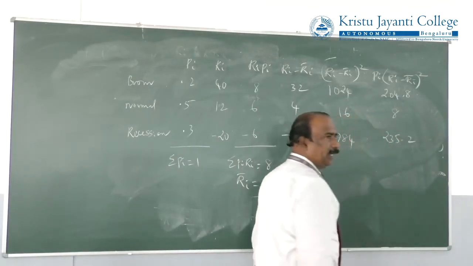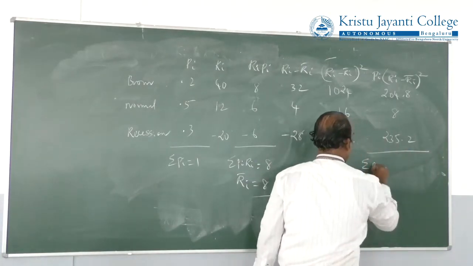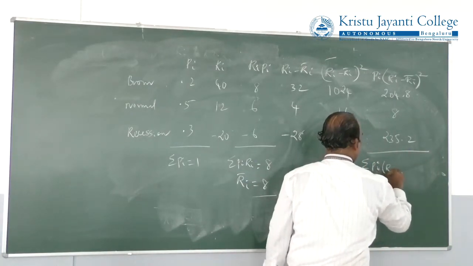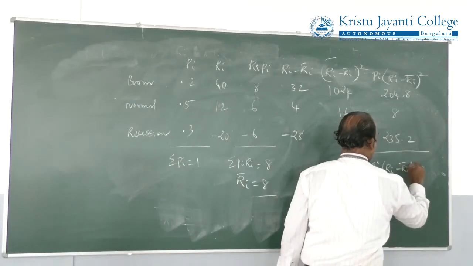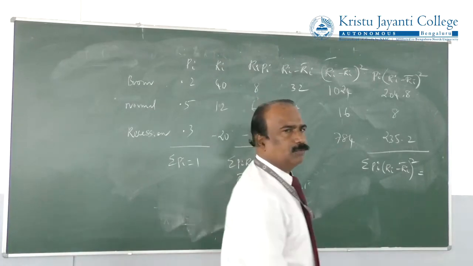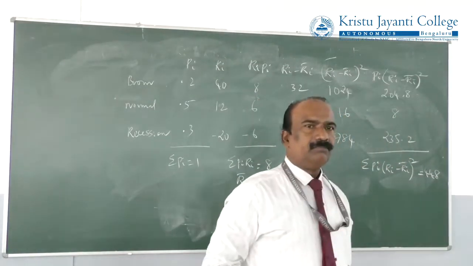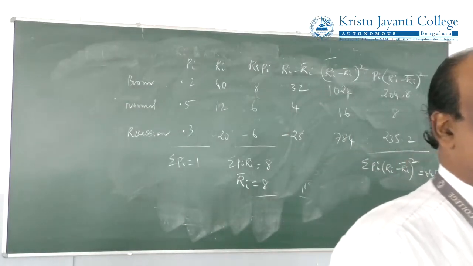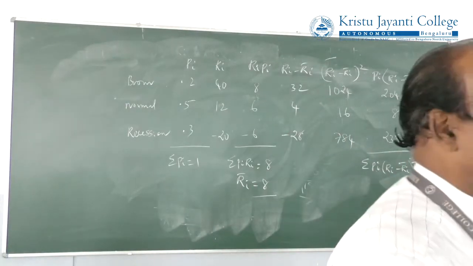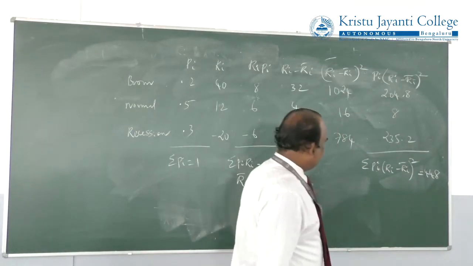Sigma Pi into Ri minus R bar, whole square, is 448. Please listen. Earlier you put n minus 1, but here you need not divide by n.